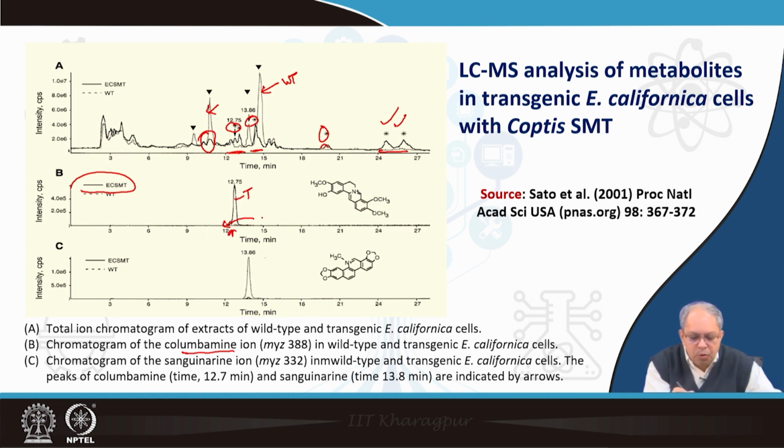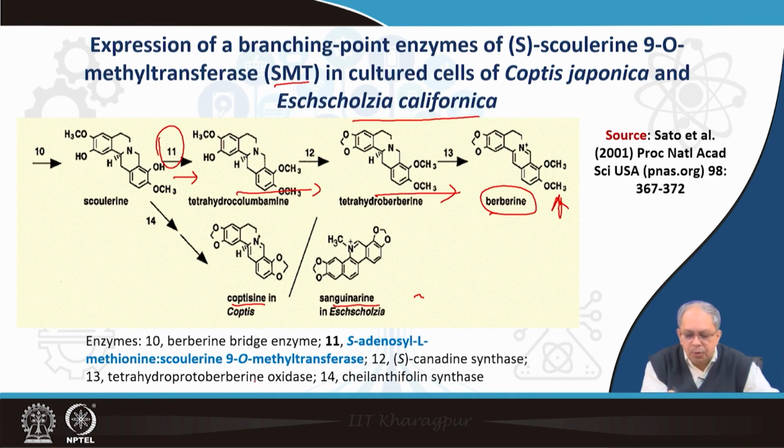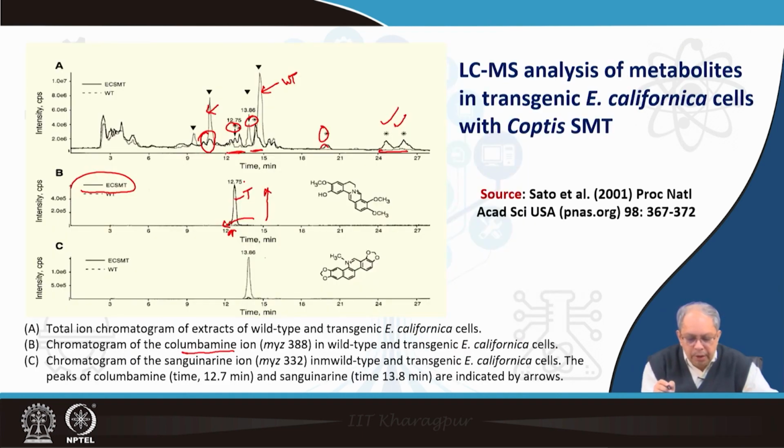So, compared to the control, the columbamine content has enhanced, and so let us see where columbamine lies. So, here is the tetrahydrocolumbamine. When SMT is expressed and scoulerine is a common substrate, it leads to more accumulation of this tetrahydrocolumbamine. Okay.